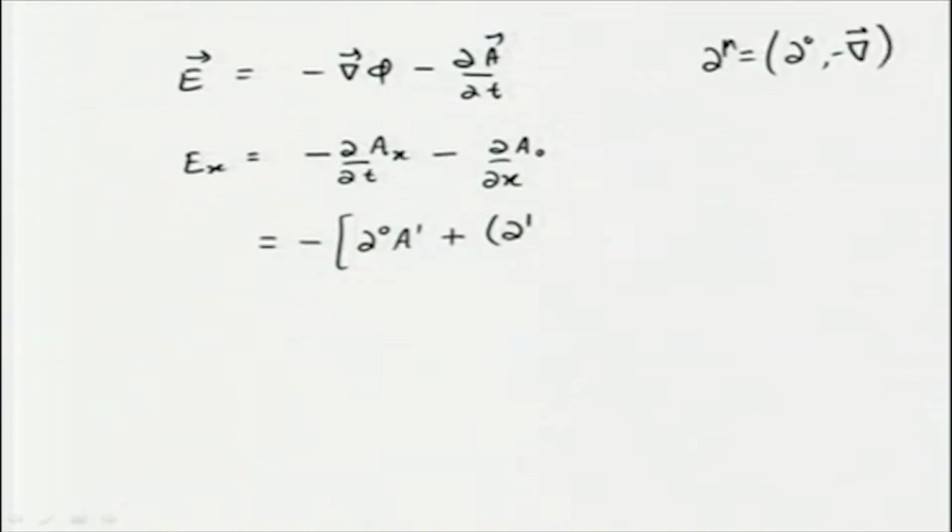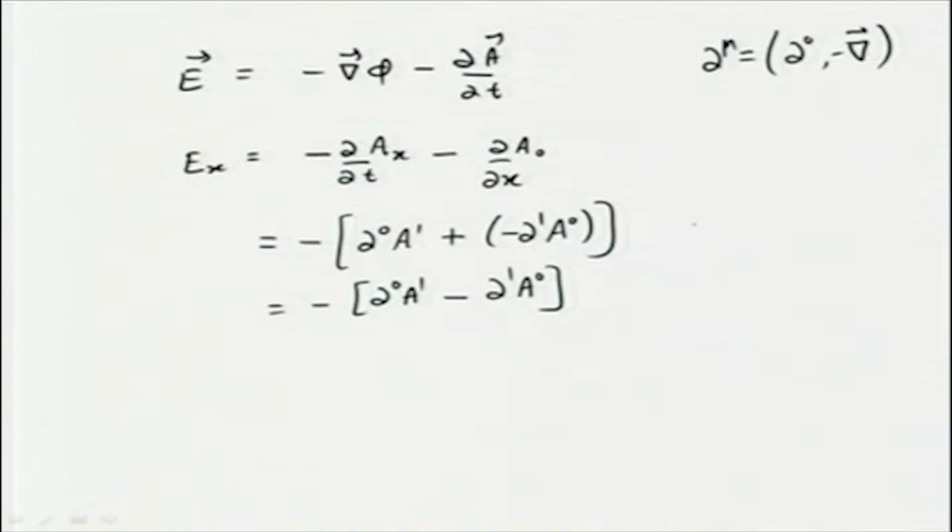So, there is a minus sign here. So, we have dou 0 A 1 minus dou 1 A 0, which is equal to minus dou 0 A 1 minus dou 1 A 0.